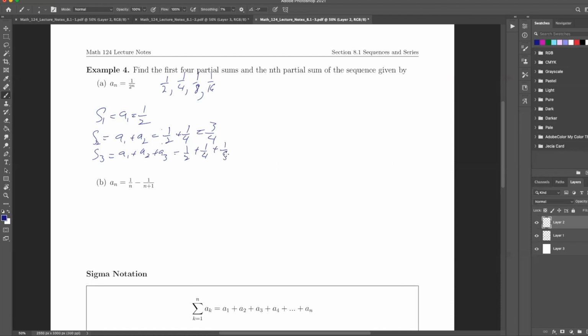So this is 4/8 plus 2/8 plus 1/8, which is 7/8. And S4 would be A1 plus A2 plus A3 plus A4, so a half plus a fourth plus an eighth plus a 16th. So this is 8/16, 4/16, 2/16, 1/16, which is 15/16.